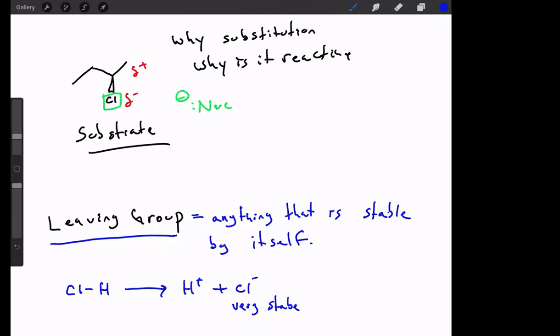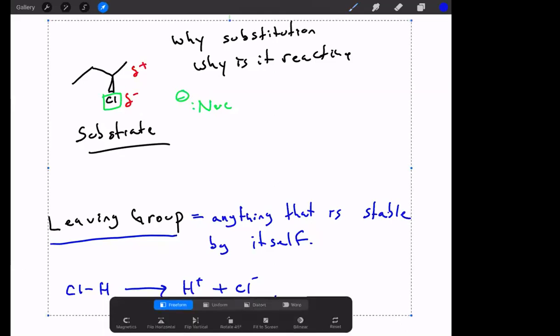What else did we do? So that was the atom consideration. We took a look at resonance, we took a look at induction, and we took a look at the hybridization of the carbons that are involved. All of these things lead to the idea of what's a good leaving group.